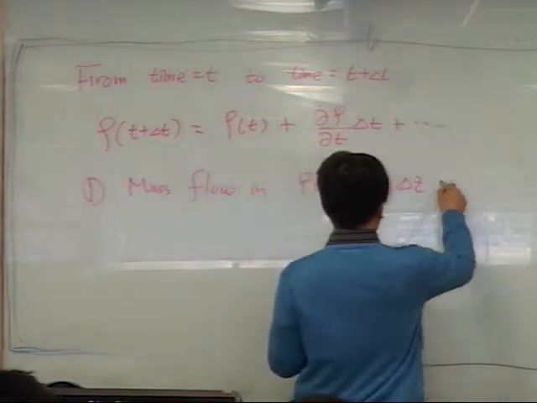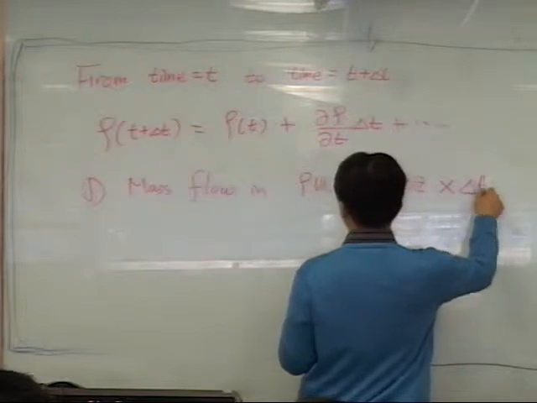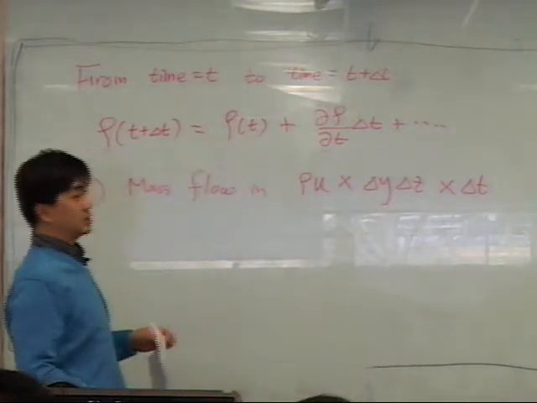And we also need to multiply by delta t. This is going to be a mass.